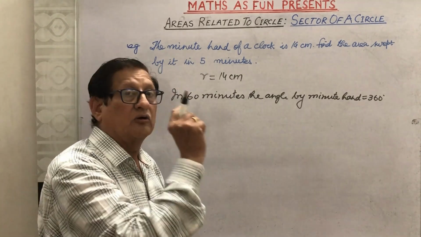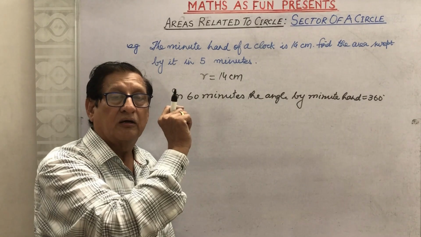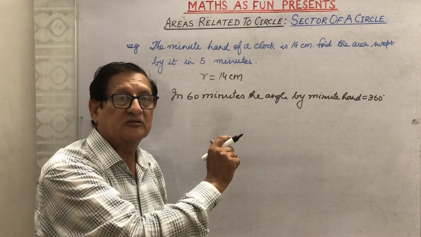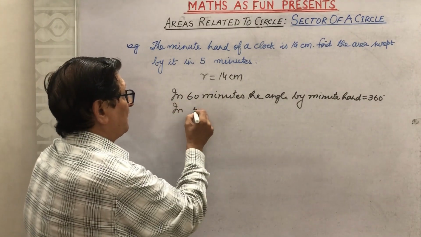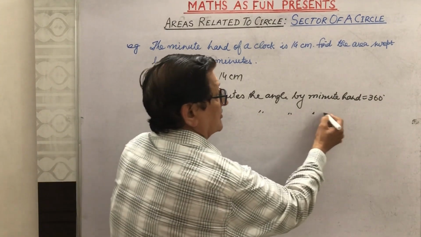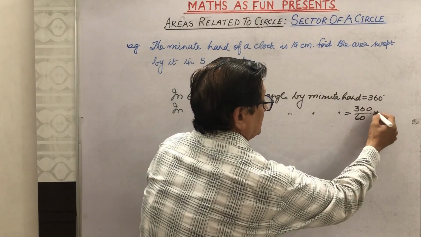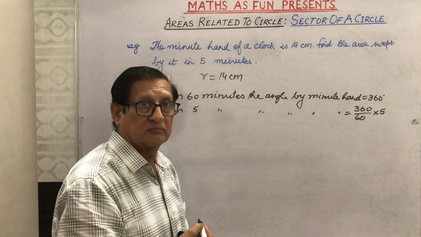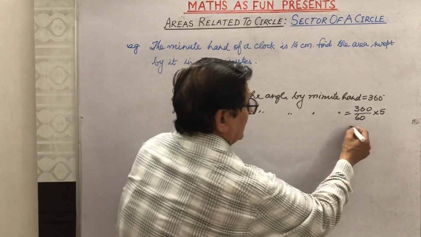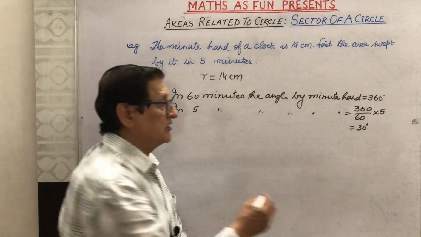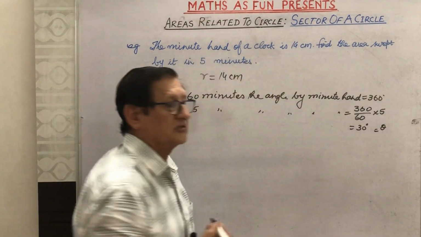Now we have to find how much angle will be subtended by the minute hand at the center in 5 minutes. So in 5 minutes the angle subtended by the minute hand will be 360 divided by 60 into 5, and that comes by calculation as 30 degree. That is the angle of the sector, theta.